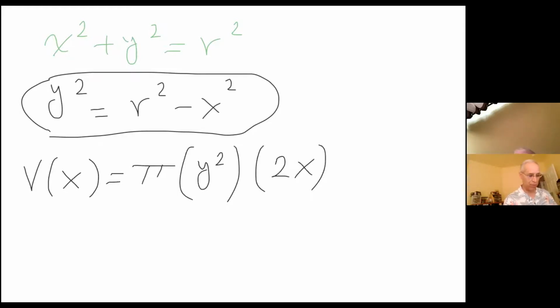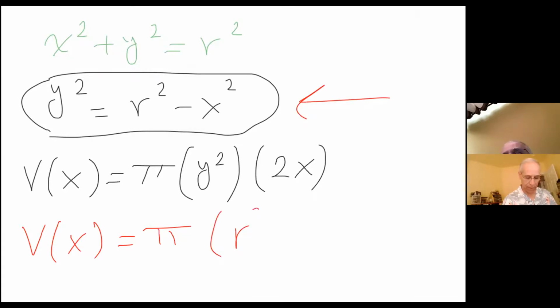And now that I know what my y squared is, I'm going to substitute and say volume as a function of x equals pi times r to the second minus x to the second, times 2x.